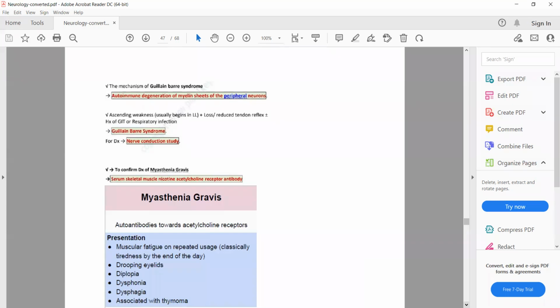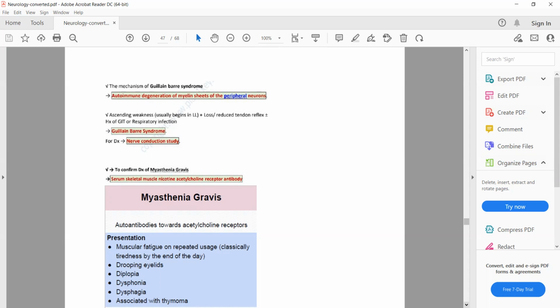For acetylcholine action, you need to understand the structure of the neuromuscular junction, the junction between a nerve and a muscle. There is a presynaptic membrane of the nerve terminal from which acetylcholine is released, and this released acetylcholine binds with the acetylcholine receptors present on the postsynaptic membrane, the muscle membrane.